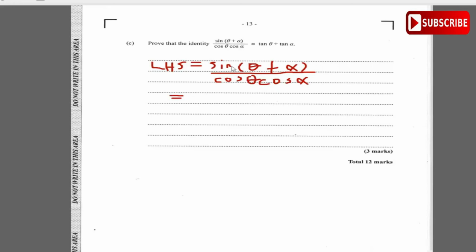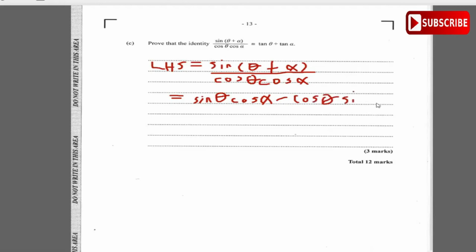First thing to do in this question, we expand the numerator. Now sine(A + B), the compound angle for this, is sine A, sine theta, cos B, cos alpha, minus cos A, which is cos theta, sine B, which is sine alpha.